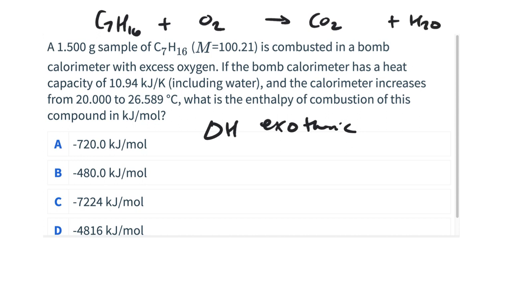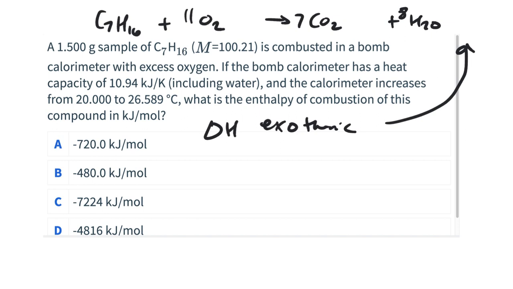We don't necessarily have to balance this reaction, but it's the reaction taking place inside the calorimeter, and that's how we connect to the idea that this has to be exothermic.